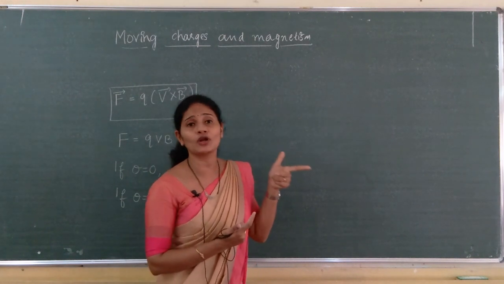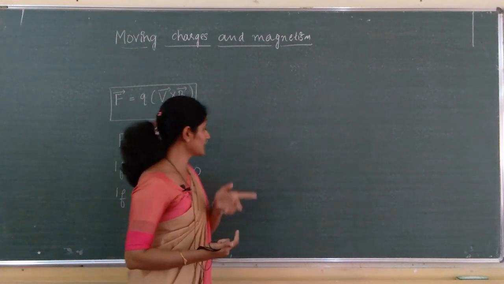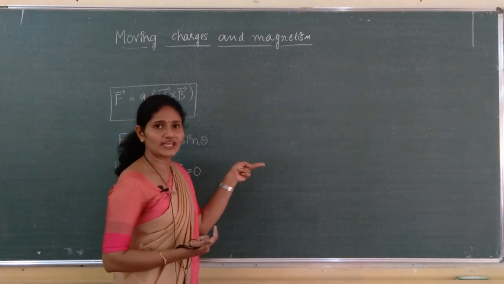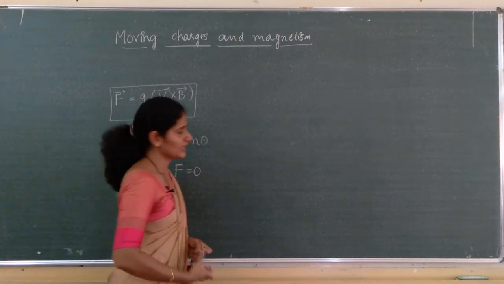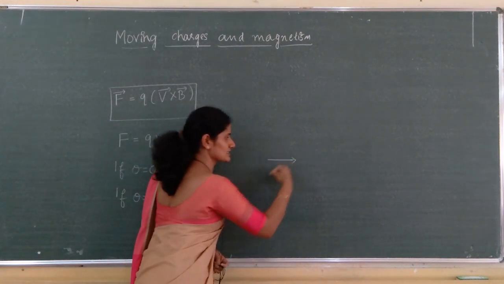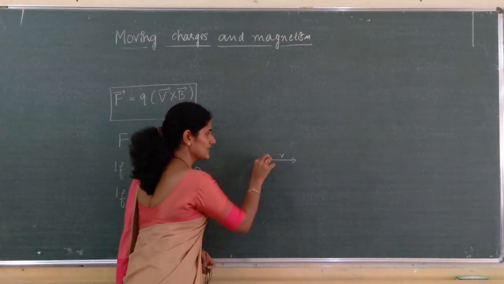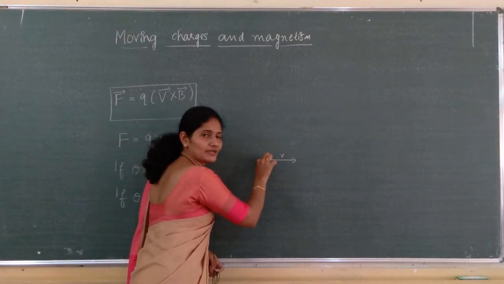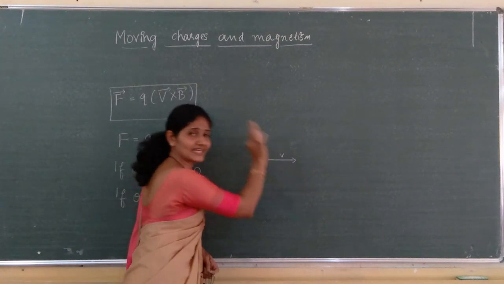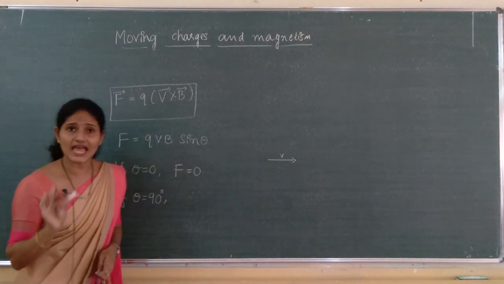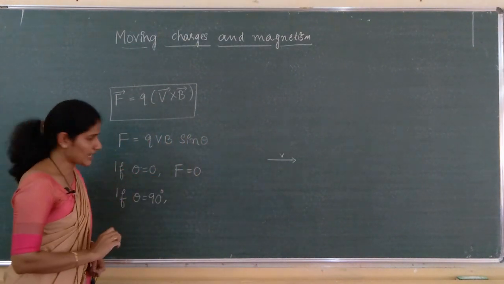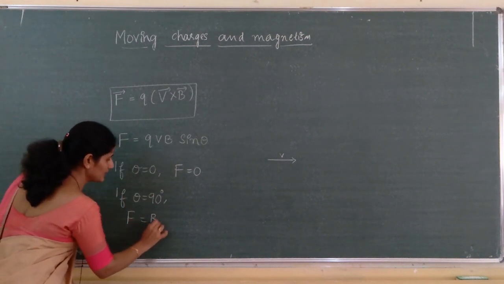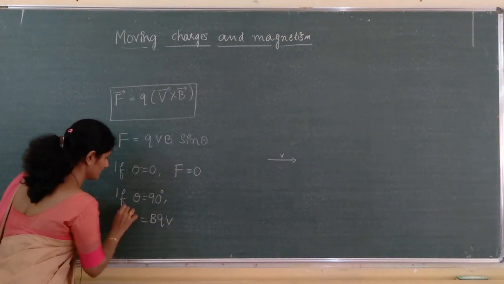If they are perpendicular to each other, if this is the direction of magnetic field and this is the direction of velocity, if the particle is moving like this and the magnetic field is like this, then we say that V and B are perpendicular to each other. In that case, maximum force acts on the charge. So how much force acts on the charge? F is equal to B Q V.